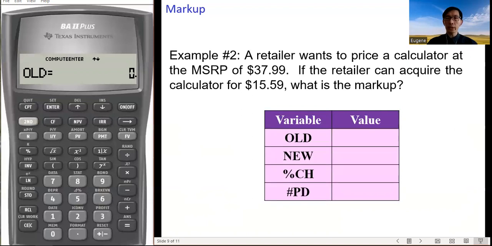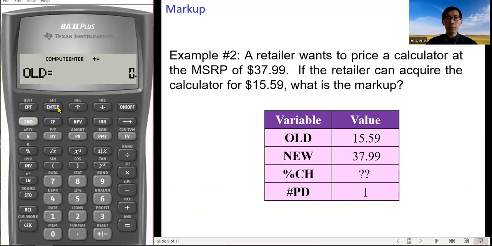Enter the corresponding variable, the variable old, 15.59, the cost of the calculator. And then the variable new, the selling price, 37.99. The percent change variable, the markup, we need to calculate it. PD equals 1.